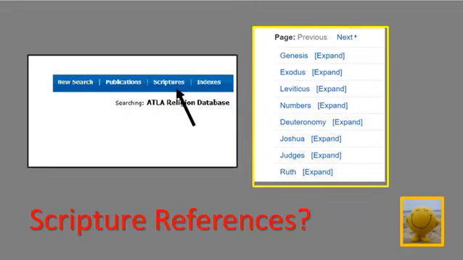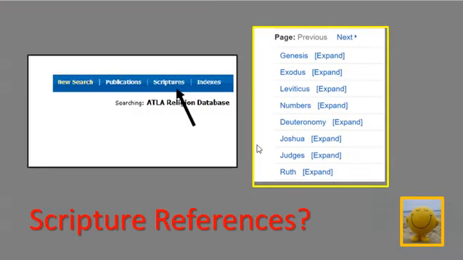Notice all the text is in blue, right? And I've told you, if it's in blue, it's hyperlinked to something else. So if you click on Genesis and then expand, it will then list all 50 chapters, chapter 1, 2, 3, 4. And let's say your paper is on, I don't know, Genesis 16, where Hagar is met by the angel of the Lord.